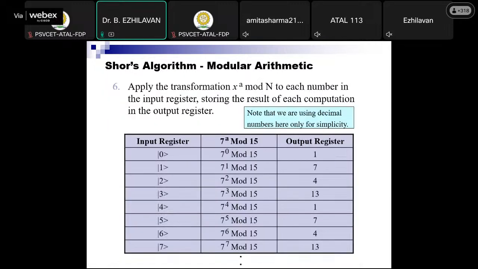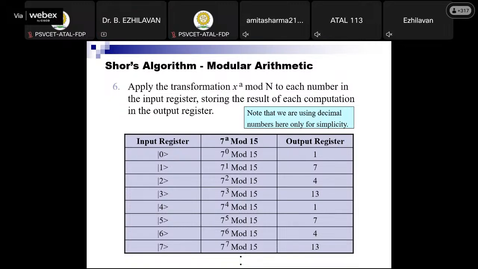For simplicity, we are taking decimal numbers here. Digital means represented in 1 and 0. Now we are taking 7, 4, 13 like that.